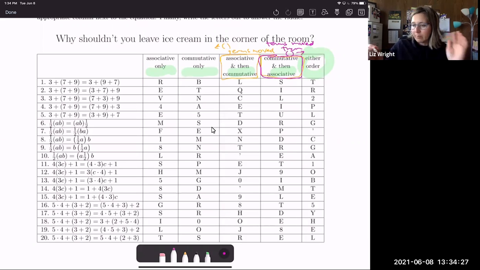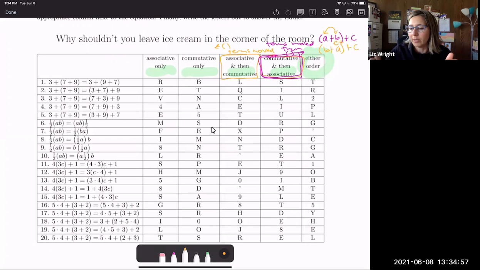So I'm trying to think of an example here. A commutative and then associative. Let me see about like this: A plus B plus C. Let's say we commute and we go like that, and so then we would have B plus A plus C. This would be commutative of addition that's taking place.